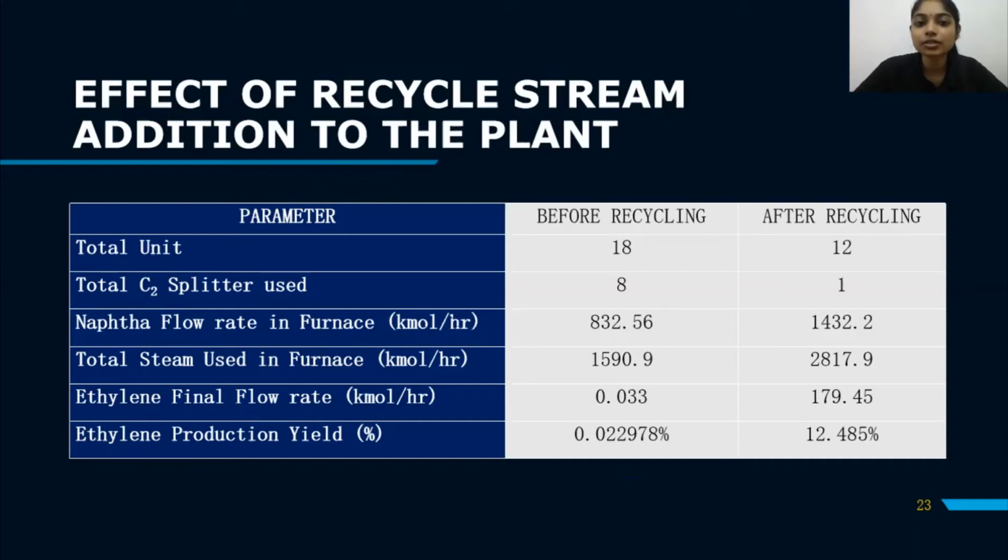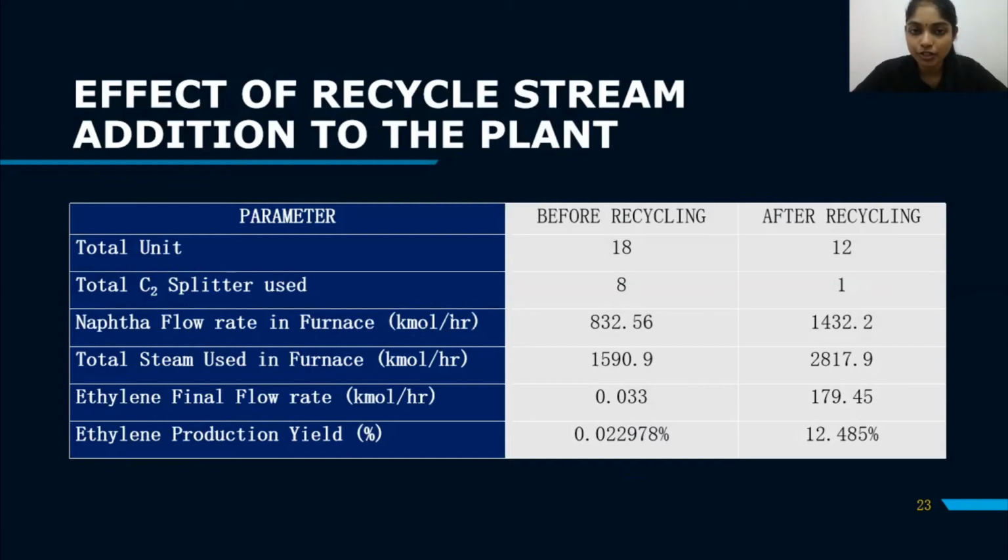Firstly, the total units decreased from 18 units to 12, and the total C2 splitters used is also reduced, where initially we used 8 C2 splitters and now we're only using 1 C2 splitter. The naphtha flow rate, as mentioned before, is increased, and the ethylene final flow rate also increased from 0.033 kilomole per hour to 179.45 kilomole per hour.